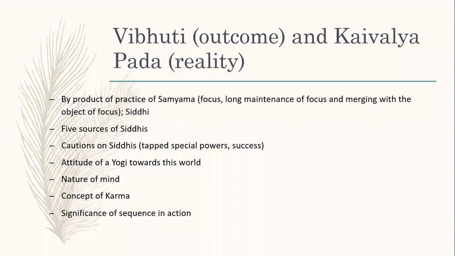It is not the primary product. It's not the goal that we wanted to get these siddhis, but while you are going on the path towards a specific goal that you have set in the beginning, these are like byproducts.